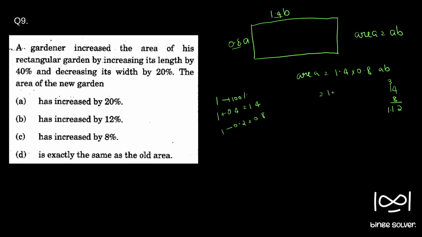Our new area is 1.12 AB, or it got increased by 12%. Earlier it was 1 AB and 0.12 was added. 0.12 is 12% of 1. That is how it increased by 12%. So the correct answer is B. That is the solution to question 9.